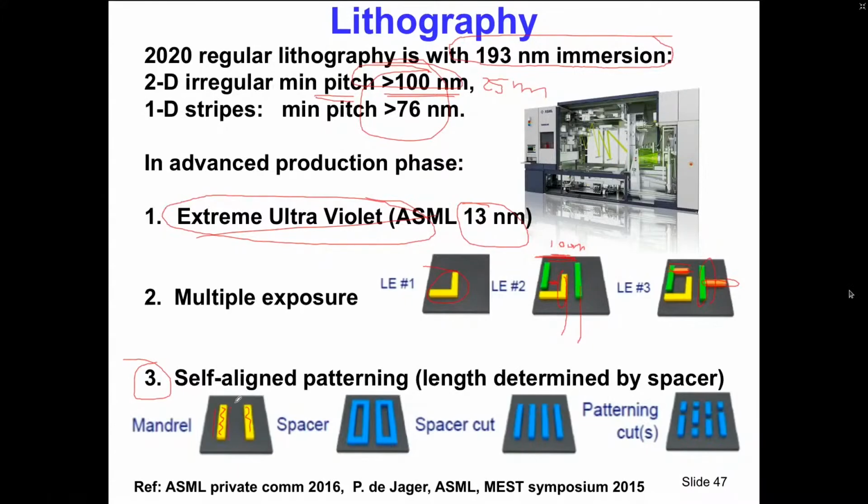So here you grow spacers, and then you remove the structure, and you basically get this. And it's obvious that over here now you have twice the structure density than what you got there. Then you need to cut it a little bit and pattern it a bit, and you basically have a so-called self-aligned pattern. For every process below 28 nanometer, and sometimes including 28 nanometer, this trick is used.